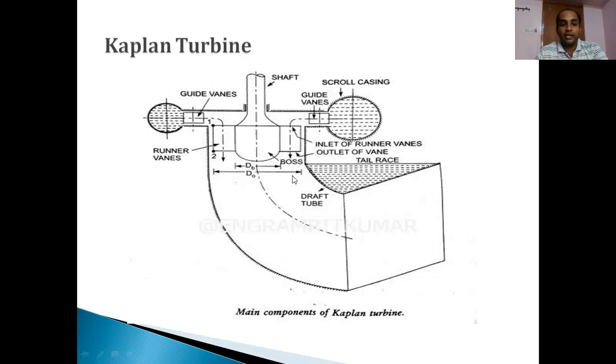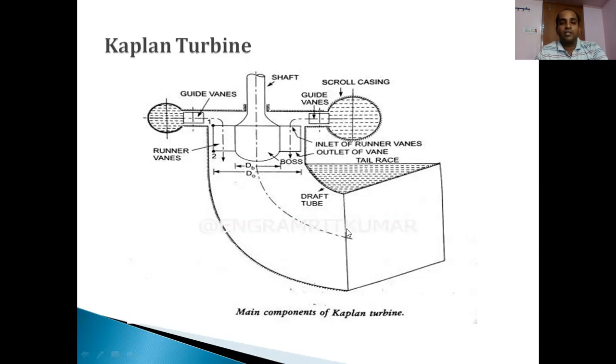That is the reason we call this turbine the Kaplan turbine: water acts on the runner blades by striking in the axial direction itself. Therefore, for a Kaplan turbine, water strikes on the blades in the axial direction and is discharged in the axial direction itself.